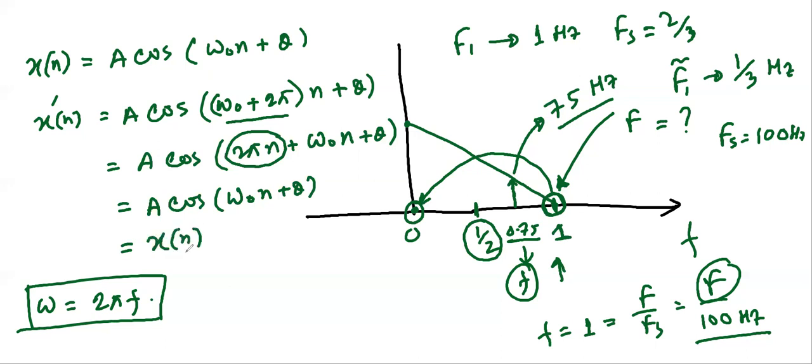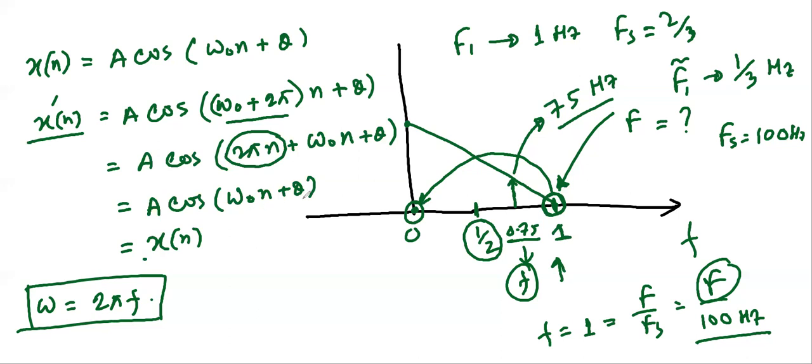So try to understand here. We started with x prime [n], which has frequency omega 0 plus twice pi, but ultimately it looks like x[n], which is omega 0 n plus theta.